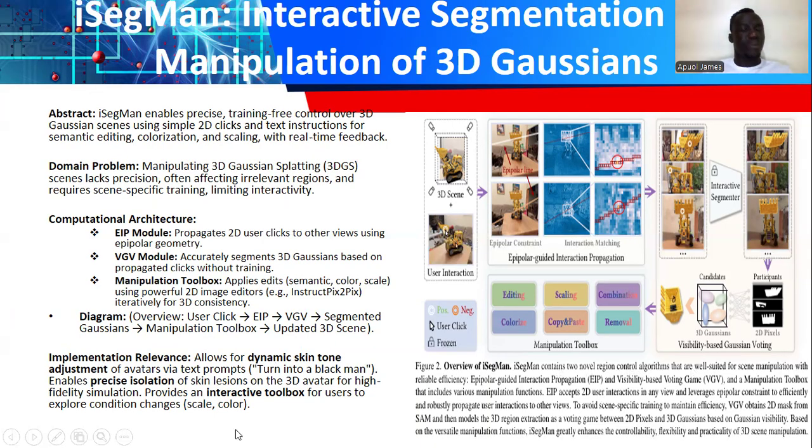So the implementation relevancy: it allows for dynamic skin tone adjustment for avatars via text prompt, that is turning into a black man, and then enables precise isolation of skin lesions on the 3D avatar for high fidelity simulation, and it provides an interactive toolbox for users to explore conditional changes.